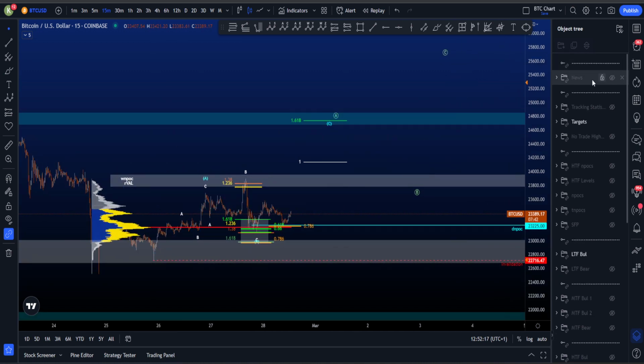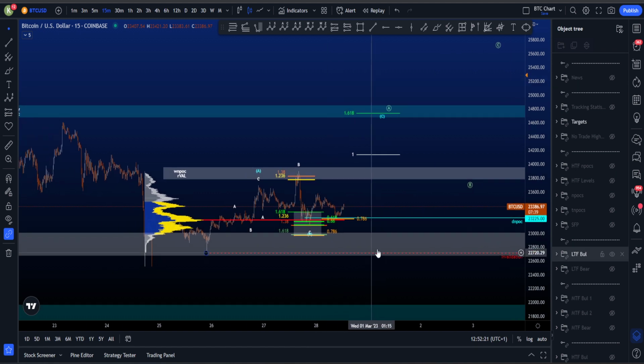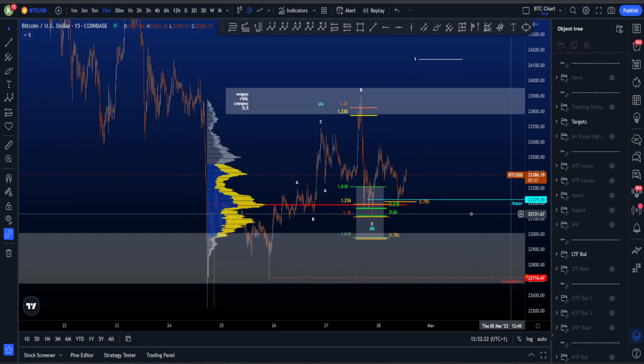So that being said, this is what I wanted to show you, my ideas on the low time frame, the medium time frame, and the high time frame.